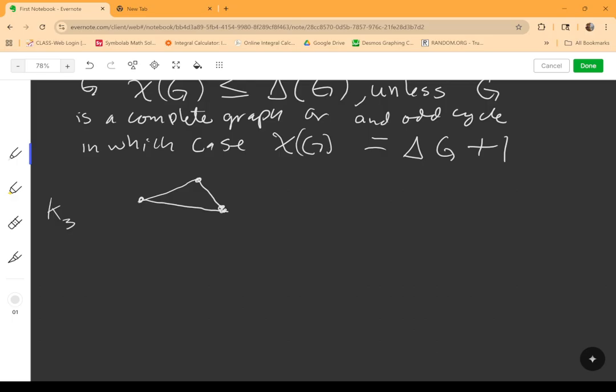And then here, in this case, if it weren't necessarily complete, but just had an even cycle here, the max degree is 2, and we can color it with 2 colors.